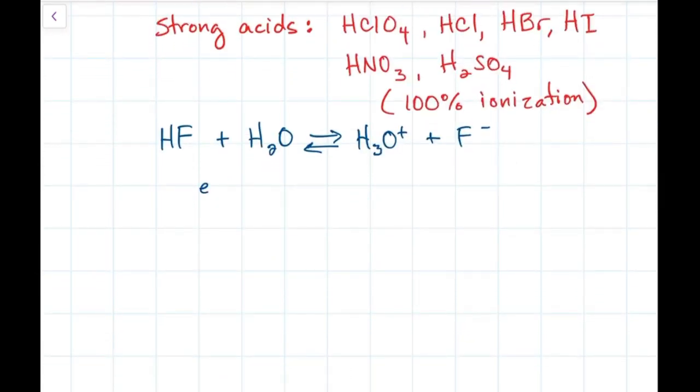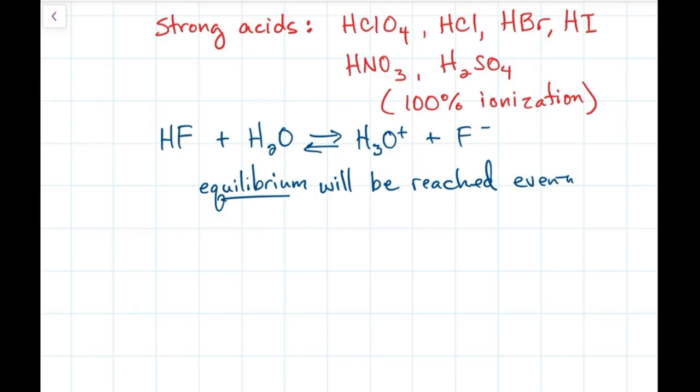So equilibrium will be reached eventually. It might take a couple seconds, it might take a couple minutes, but usually it doesn't take too long before we have the forward process happening at the same rate as the reverse reaction.